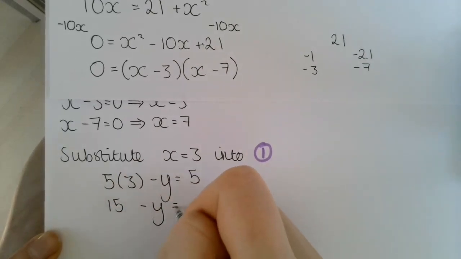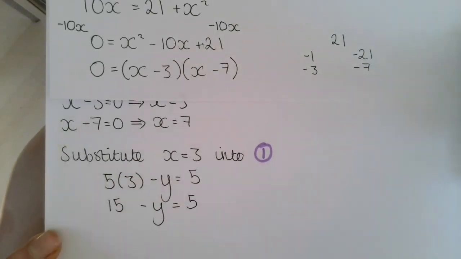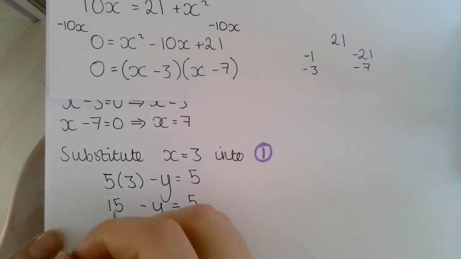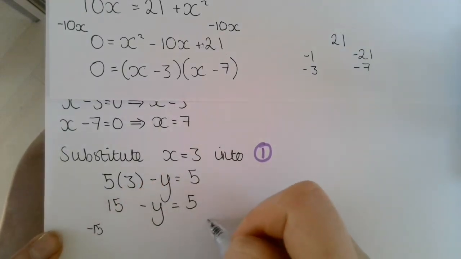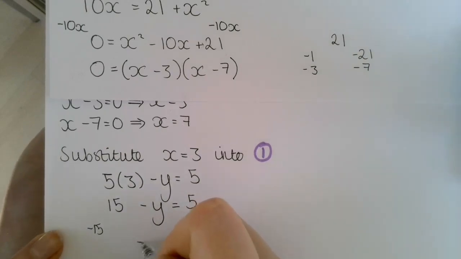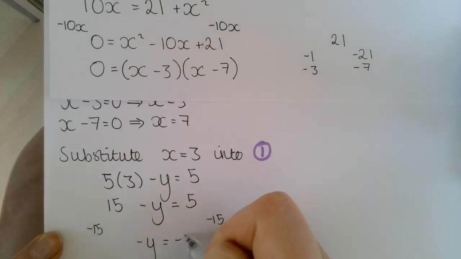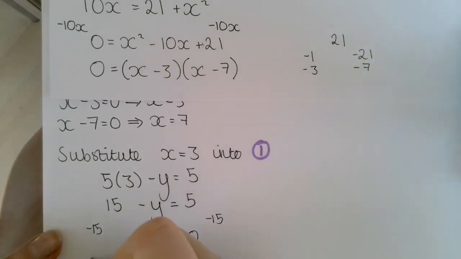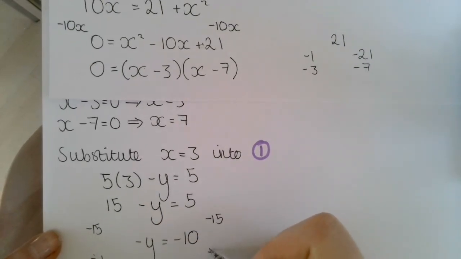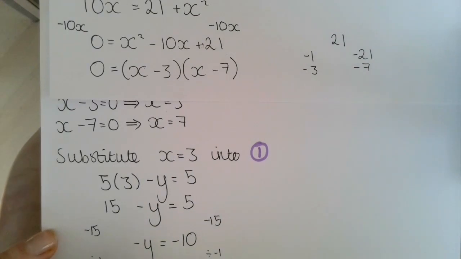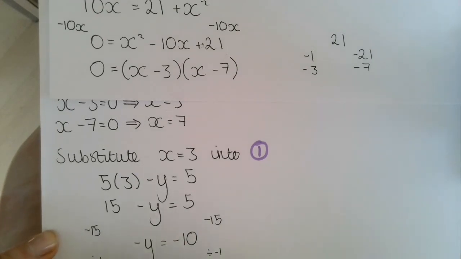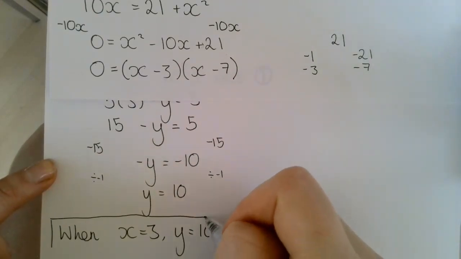So we get 15 subtract y is equal to 5. I'm going to subtract 15 on both sides, and I get negative y is equal to negative 10. Can then divide by minus 1, and I get y is equal to 10. So when x equals 3, y equals 10. And that is our first solution.